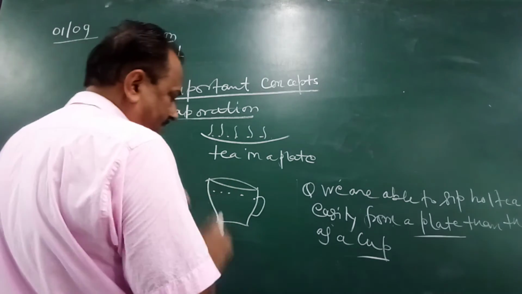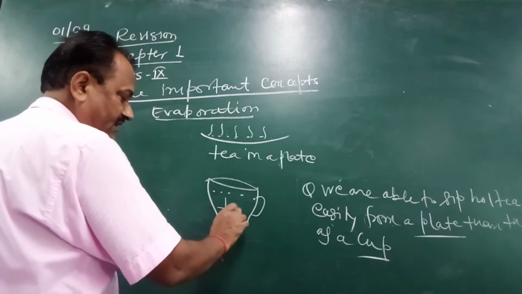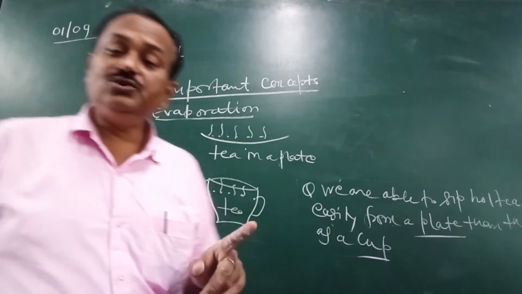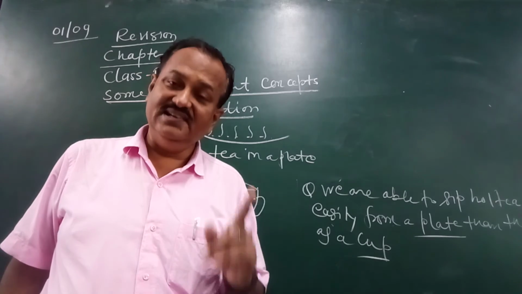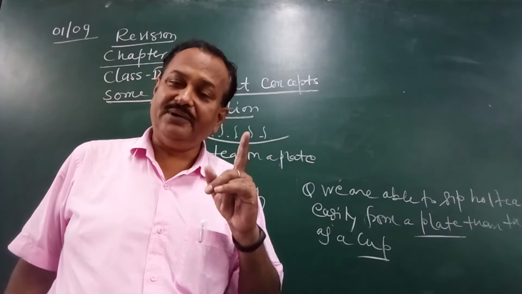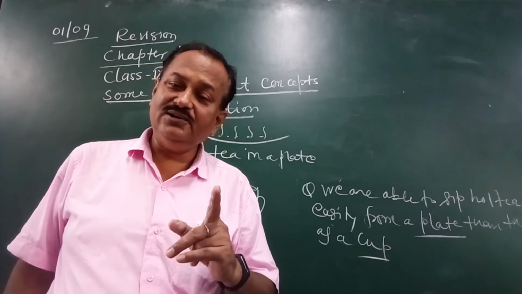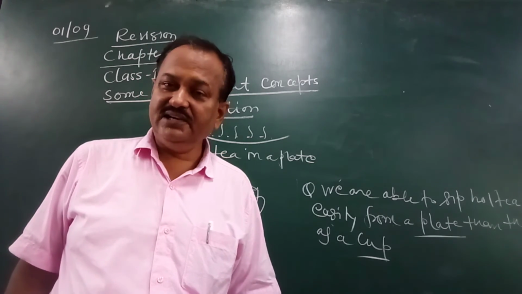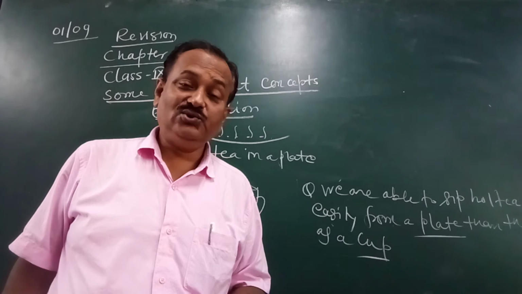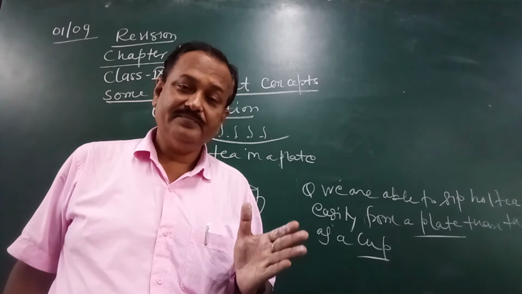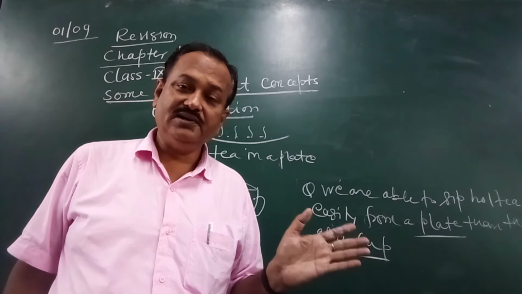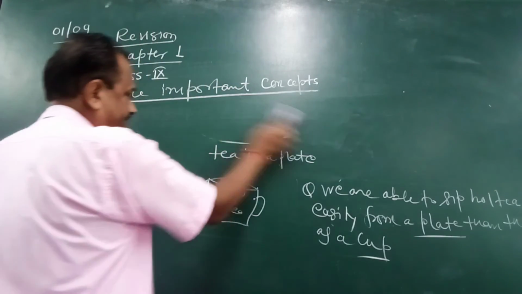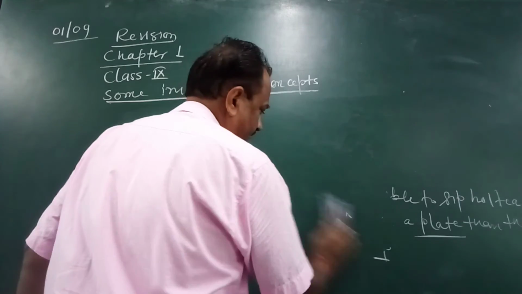So the cup has less surface, and so it will not be able to lose the moisture or temperature easily, not able to evaporate the moisture, and as a result we are unable to sip easily from a cup. So this is a very important point about evaporation.